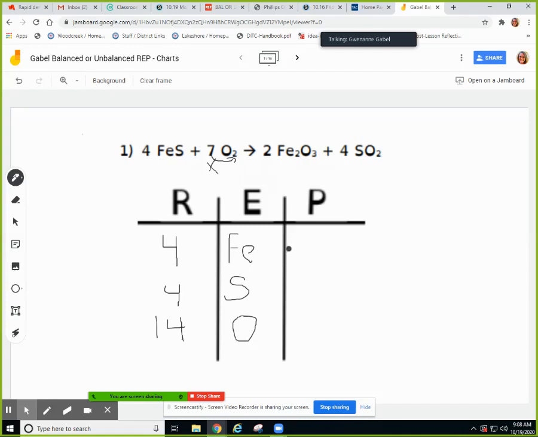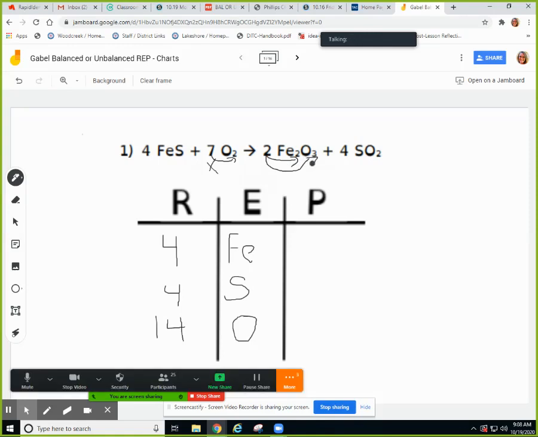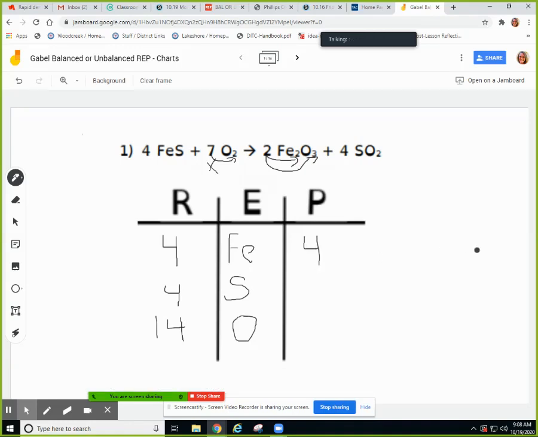Then we do the same thing on our product side. I'm going to distribute my coefficient and multiply it to my subscripts. So 2 times 2 tells me I have 4 atoms of iron. The next is sulfur.